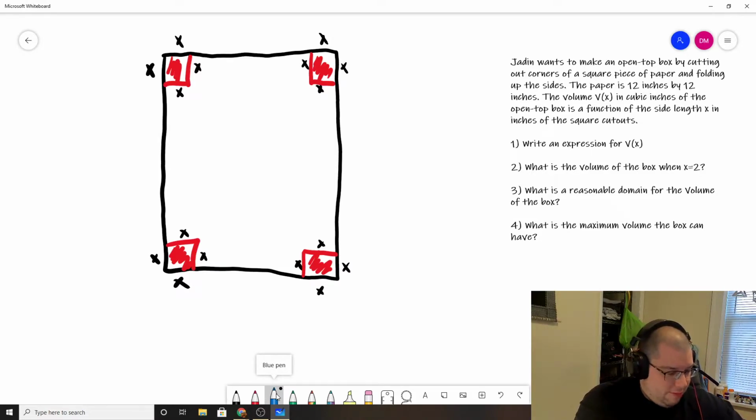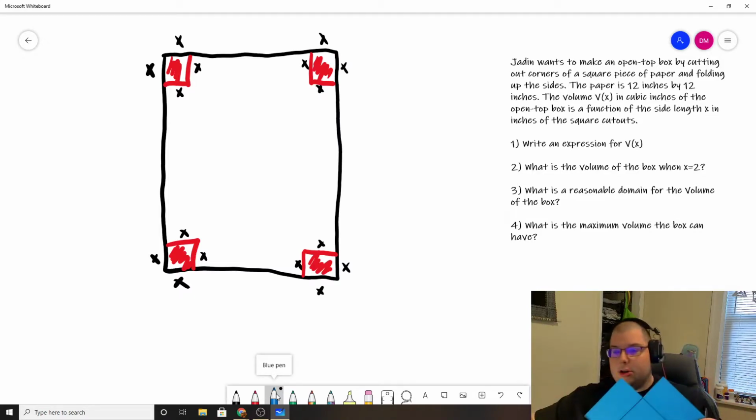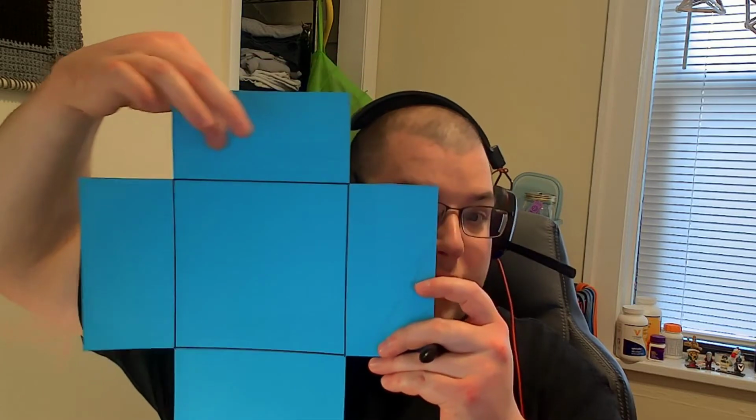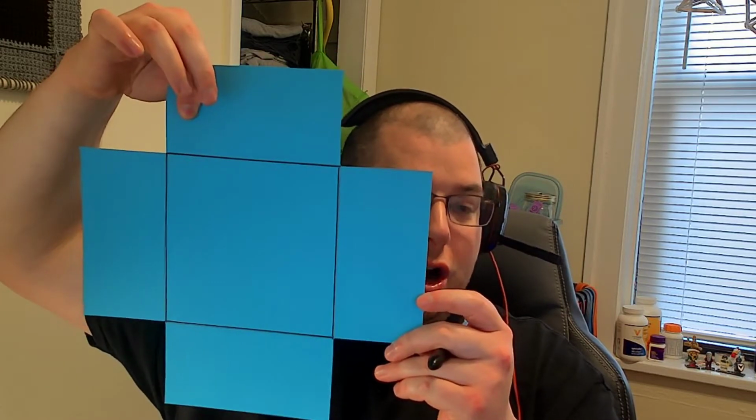If you're looking at my camera, actually I'll change to my camera. So after we make the cutout, we are left with the plus sign shape. And we're going to fold these tabs that are sticking out along this black line that I have drawn on my pieces of paper.